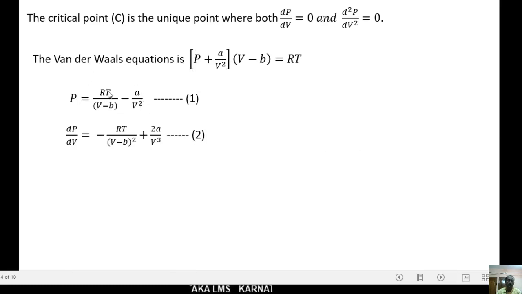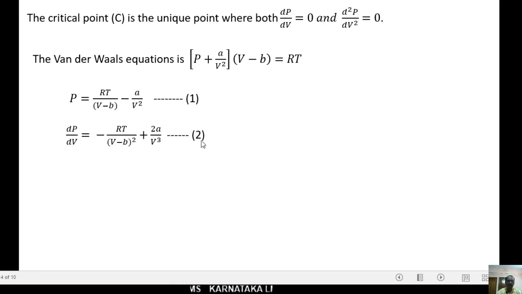On differentiating equation 1 with respect to volume, we get dp by dv equals minus RT upon (v minus b) whole square plus 2a divided by v cube. Here a is constant, and differentiating 1 by v square, we get plus 2a by v cube.